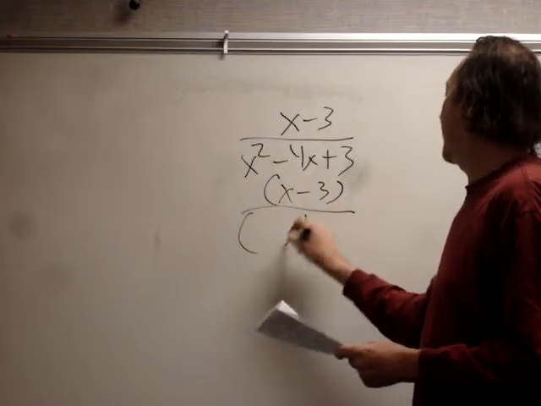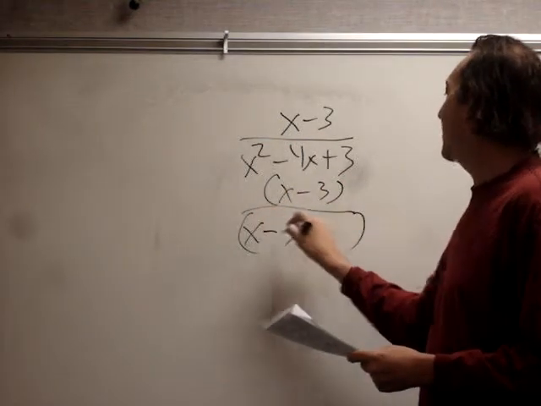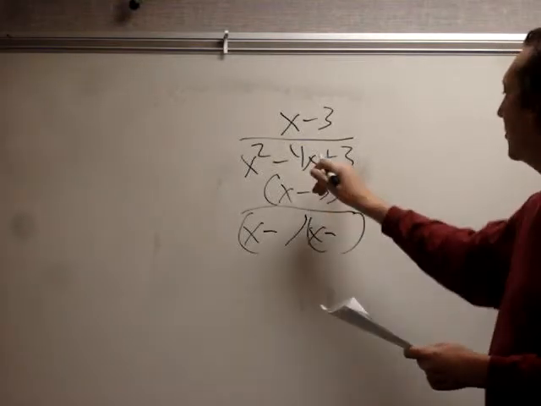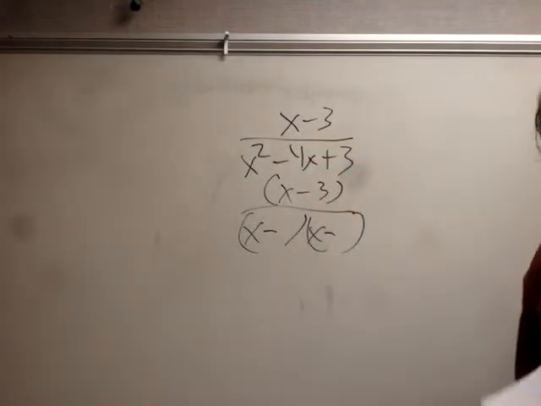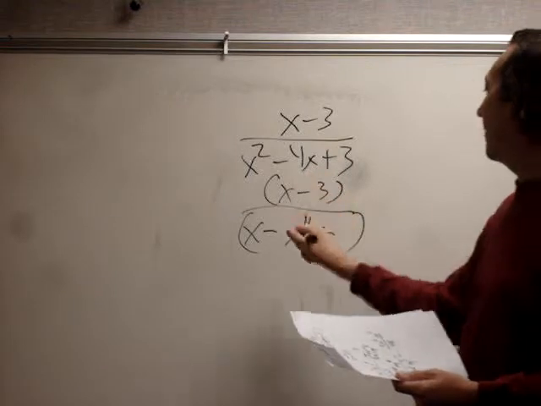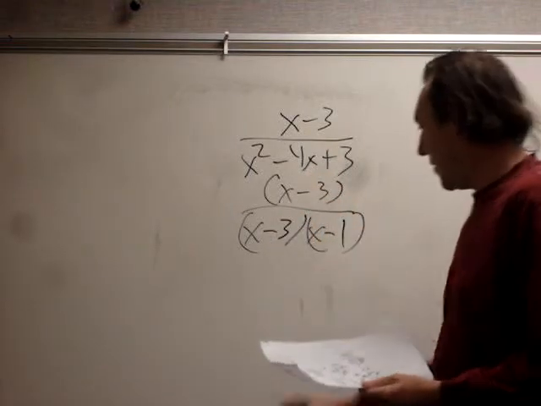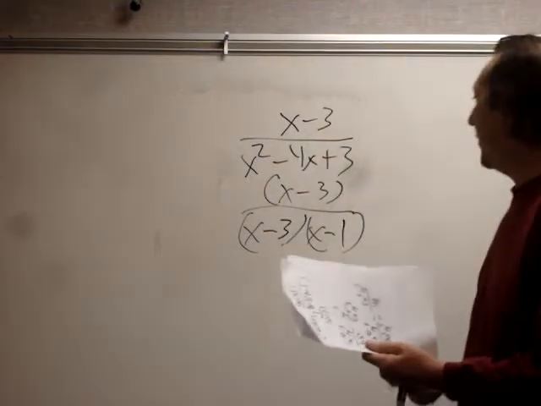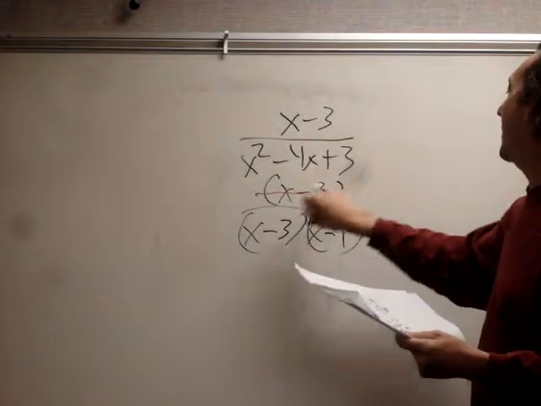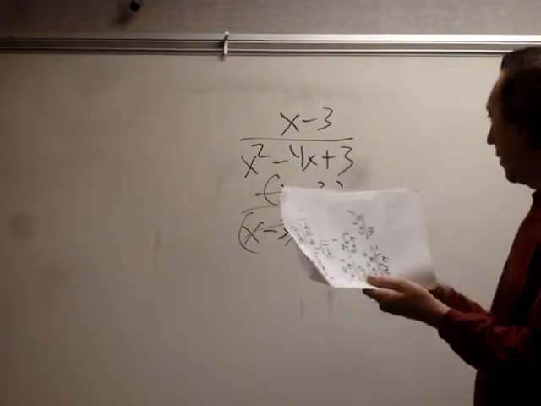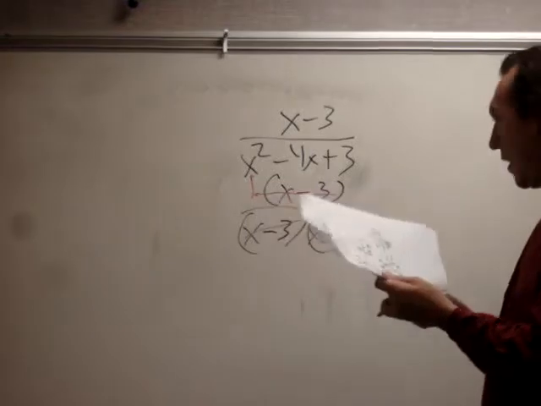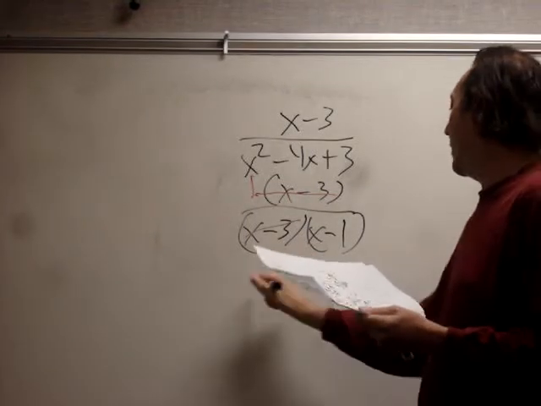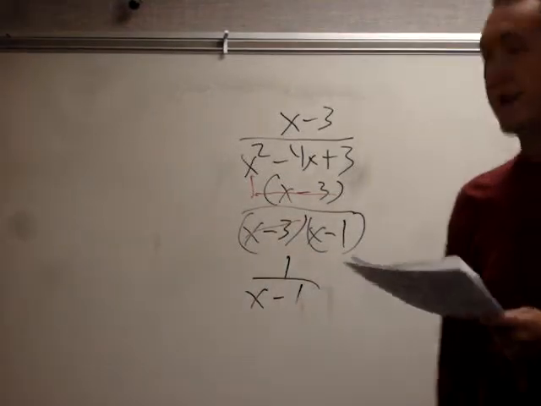For the bottom, we need to factor that. We're going to have an x minus and an x minus because of this plus. We need factors of 3 that add up to 4. So it's going to be 3 and 1. And we can see that we can cancel the x minus 3's. We're left with just 1 on top. So our answer will be 1 over x minus 1.